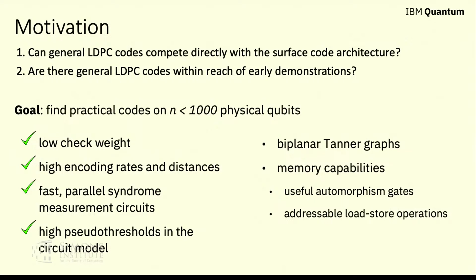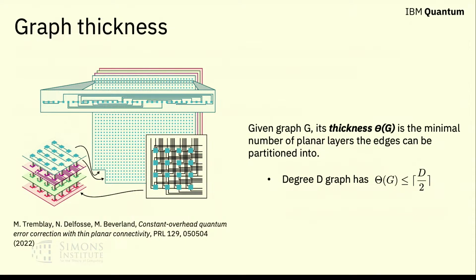Yeah. So now I want to discuss some architectural considerations, which is this biplanar Tanner graph. The idea here is something called graph thickness. I think this was first discussed in the context of quantum error correction in this paper by Tremblay, Delfosse, and Beverland.